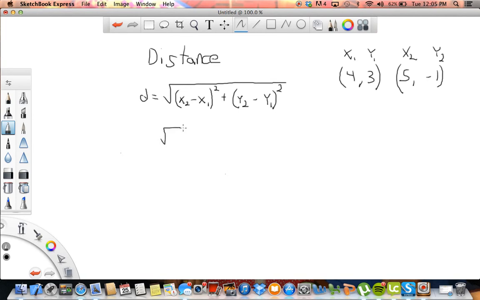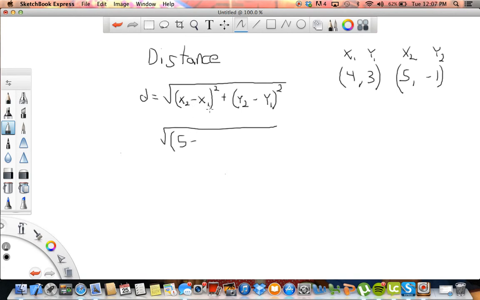So square root, we want all of these things to be underneath that entire big long square root symbol. My first number that I need is my x sub 2. So I'm going to open up my parentheses, and x sub 2 is 5. So my first value was x2, and I put that in right here in the first position. Now we do a minus sign.